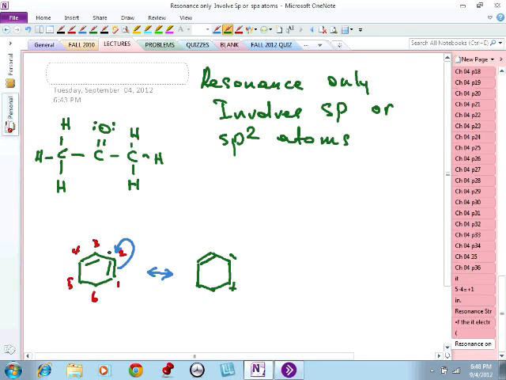Between position what and what? Okay, so if you do that, the one at position 4. Carbon number 5 is an sp3 carbon. Keep in mind, that's what we told you. Whatever resonance you draw cannot involve carbon number 5 or 6. Is that clear?